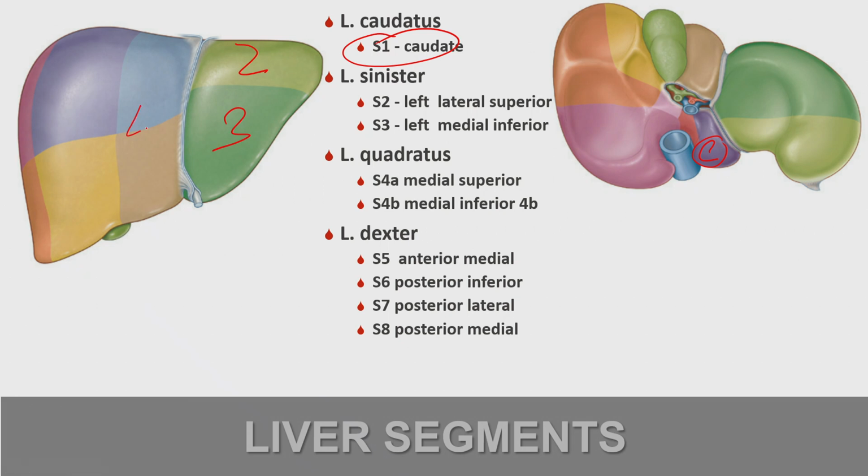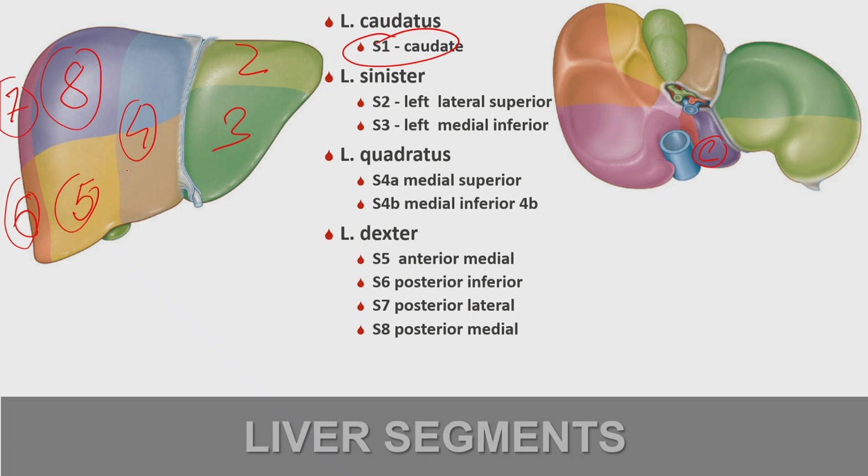Then we have the fourth, which is the quadrate. You can nicely see quadrate 4; it has upper and lower, A and B, subdivisions. Then we have anterior medial 5, anterior. Then we have 6, which is dorsal, lower, 7 and 8.